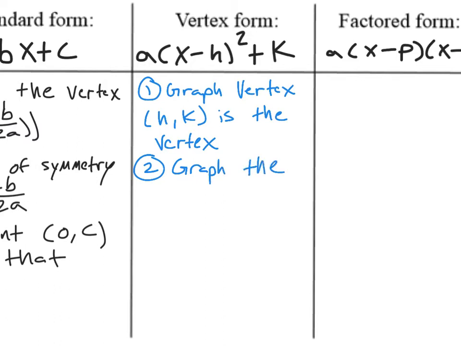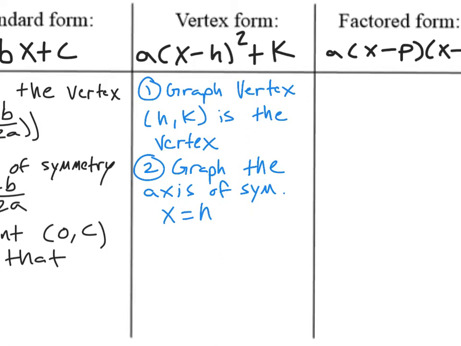Number 2, no surprises here. Graph the axis of symmetry. Which again, here in vertex form, you don't even need to do the negative b over 2a, right? You don't have those coefficients b and c.